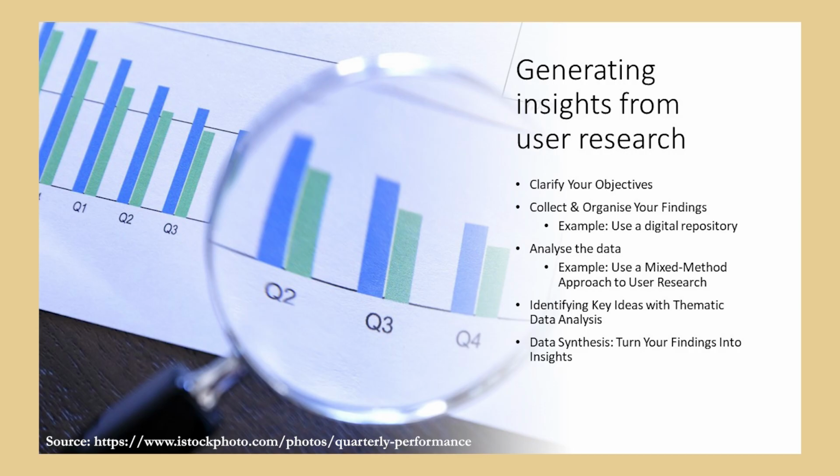Then collect and organize your findings. This can be done for instance using a digital repository. You can use some online repository like GitHub, or any such repository where you can collate all your findings. Then you can analyze the data.